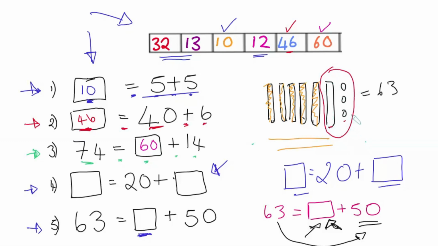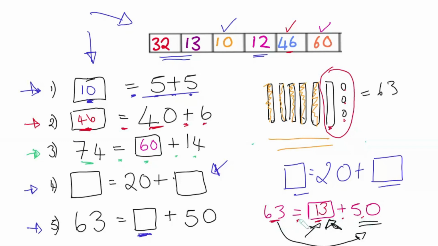Can you work out how many we have left? I'll give you a second. 10, counting on from 10, 11, 12, 13. We have 13 left. So we know that 63 is the same as 13 plus 50.